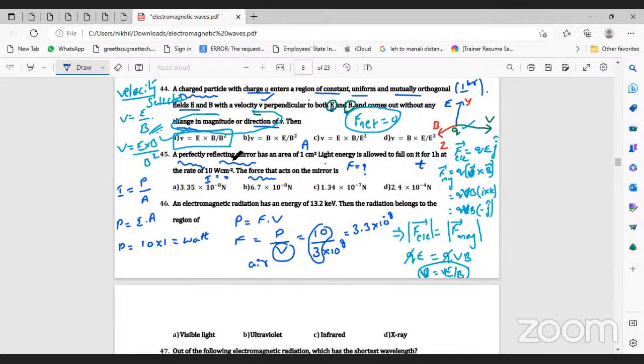If it is a perfectly reflecting mirror, whenever the radiation is incident on the mirror with a force F, since it is a 100% reflecting mirror, the ray should get reflected back with the same force.